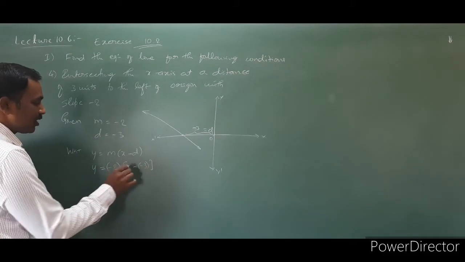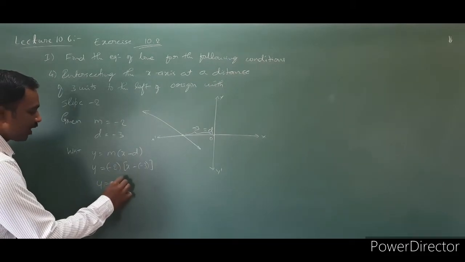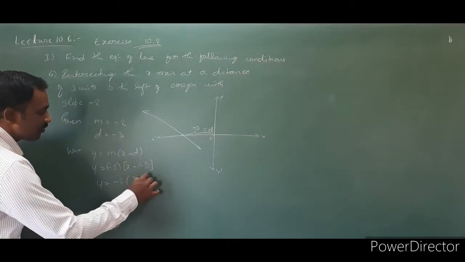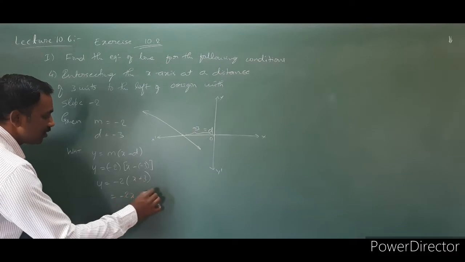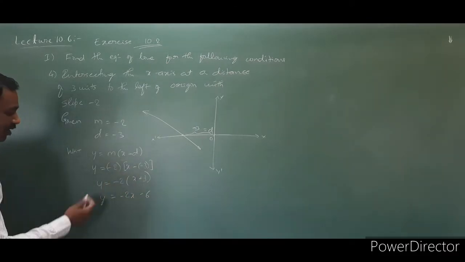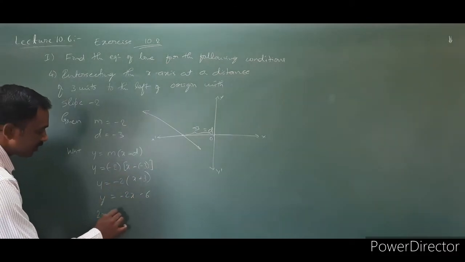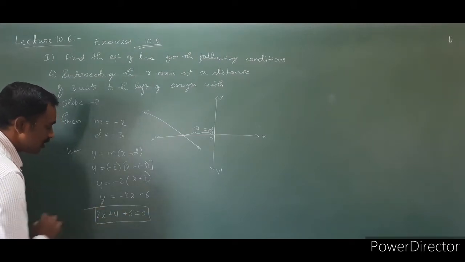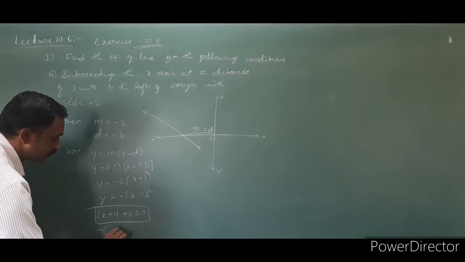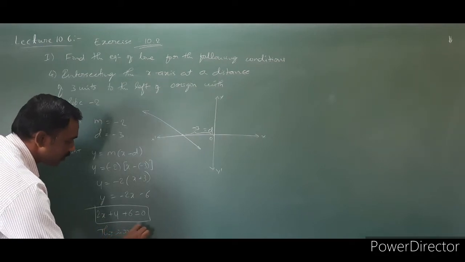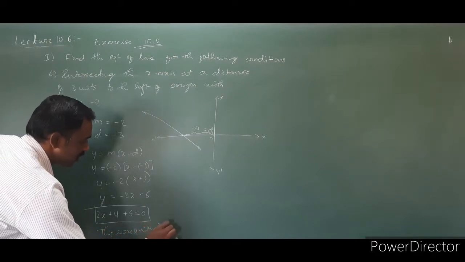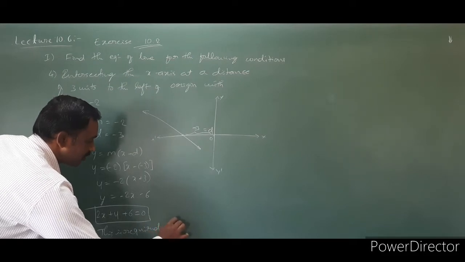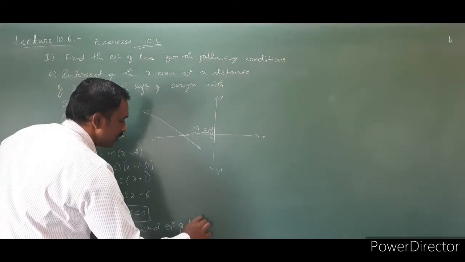Very carefully replace it. y is equal to minus 2 into (x plus 3), which is minus 2x minus 6. Take all the terms to the left-hand side: 2x plus y plus 6 is equal to 0. This is the required equation of the line.